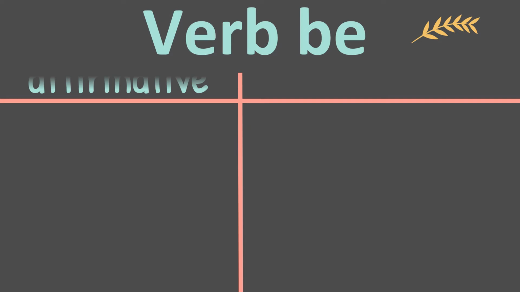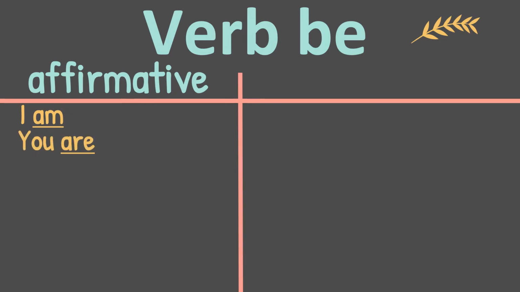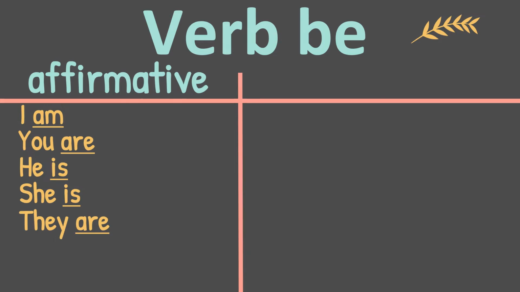Okay, look at this table. For the affirmative, we say I am, you are, he is, she is, they are, we are, it is.